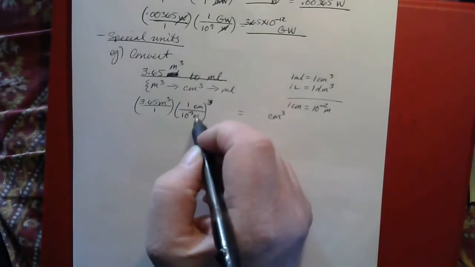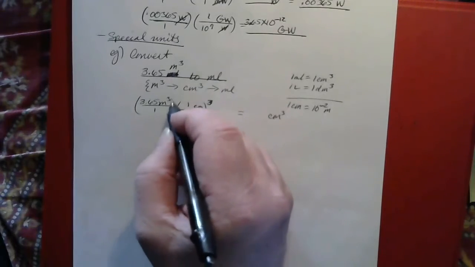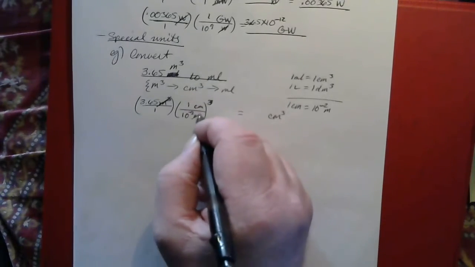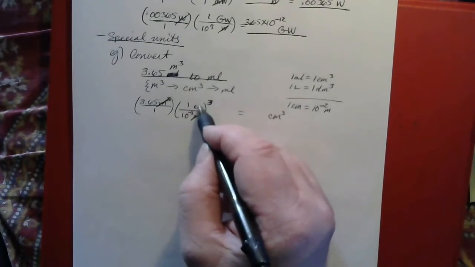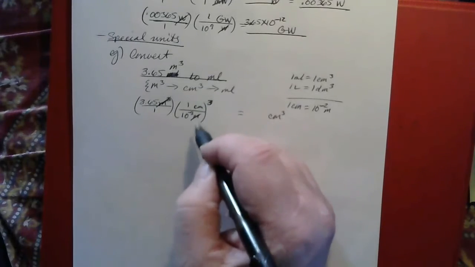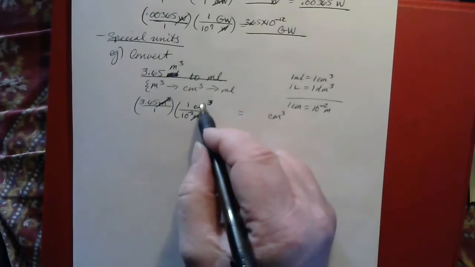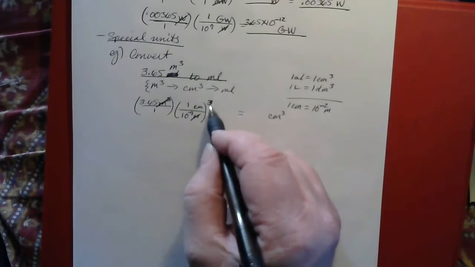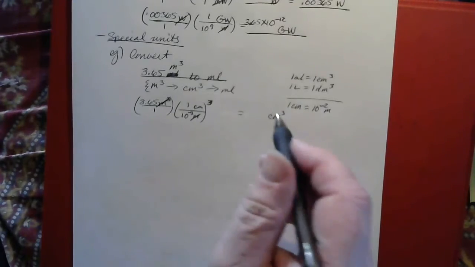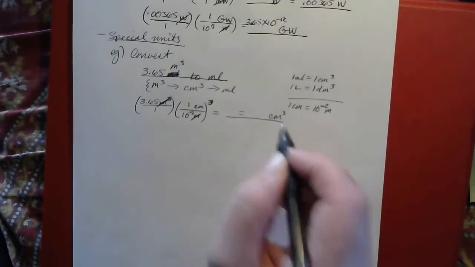And so that means that we can now cancel cubic meters with cubic meters. Don't cancel the 3 because it still applies to everything else in the parentheses. And that also means that we're going to get out cubic centimeters as the unit for the answer.